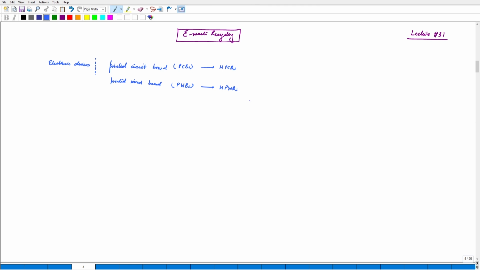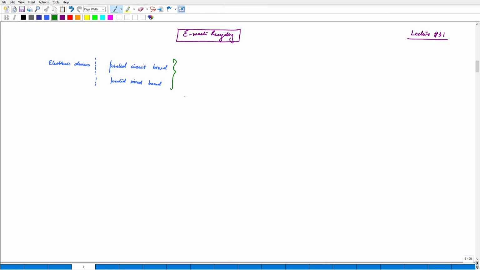Generally speaking, we get a PCB, and we can just club these two terms together. So finally, if we have the circuit boards, we have the mechanism of controlling the various operations that electronic devices perform.